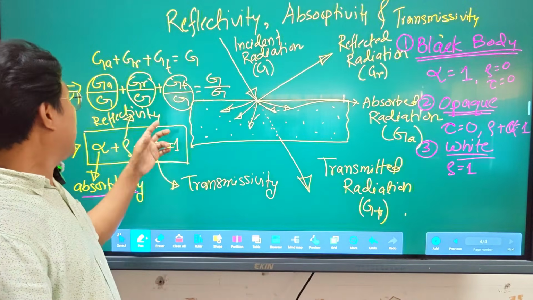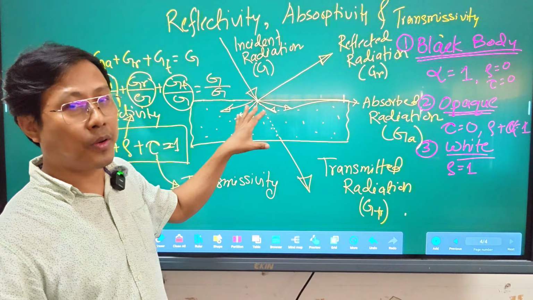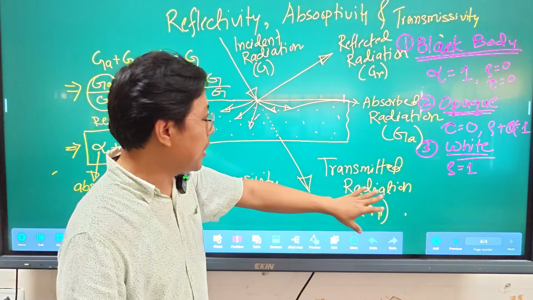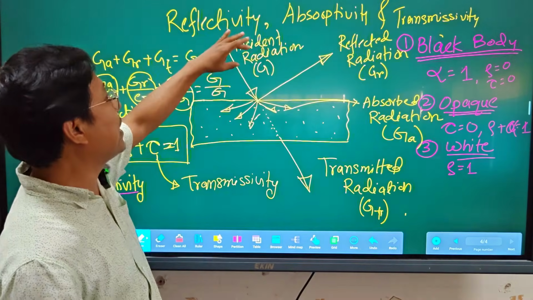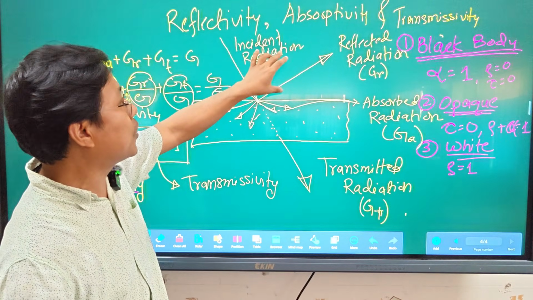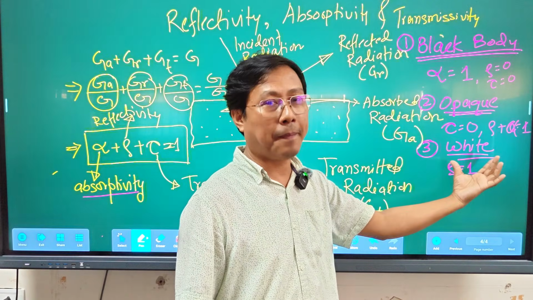When reflectivity is 1, it is called a white body. In a white body there is no transmitted radiation and no absorbed radiation. Whatever incident radiation falls on the surface, all of it is reflected.